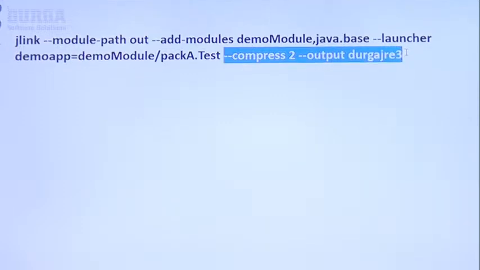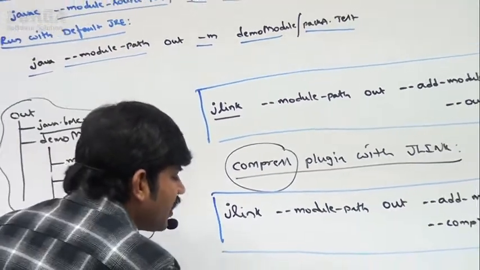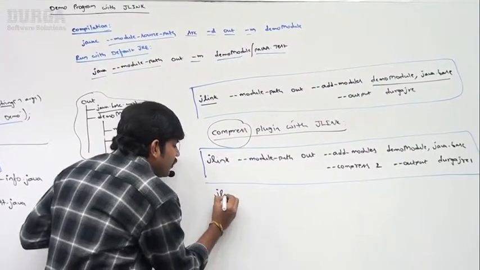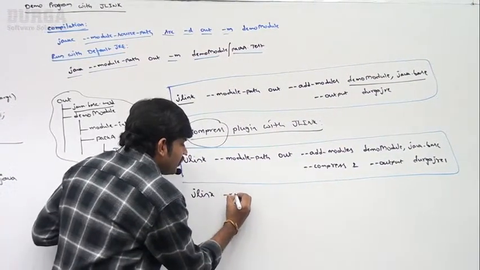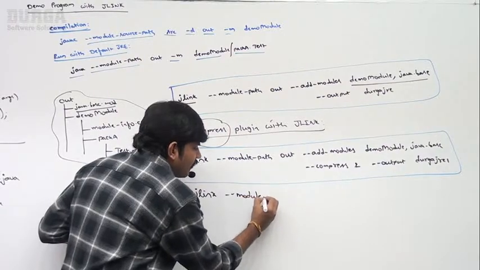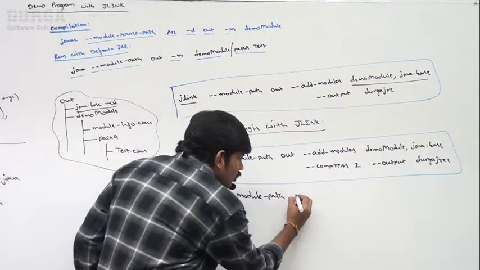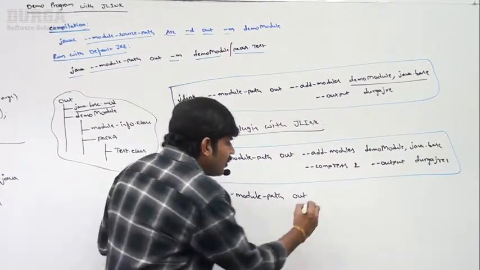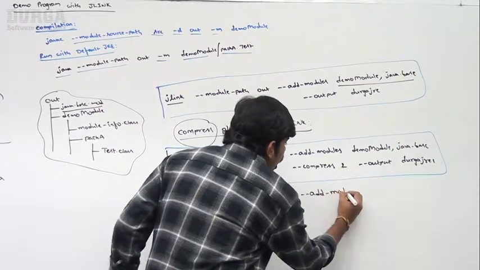Sir, one minute. Can you spell out what command I require to use for hyphen launcher? Can you please guide once again? jlink, hyphen module path, out is the folder, hyphen add modules.